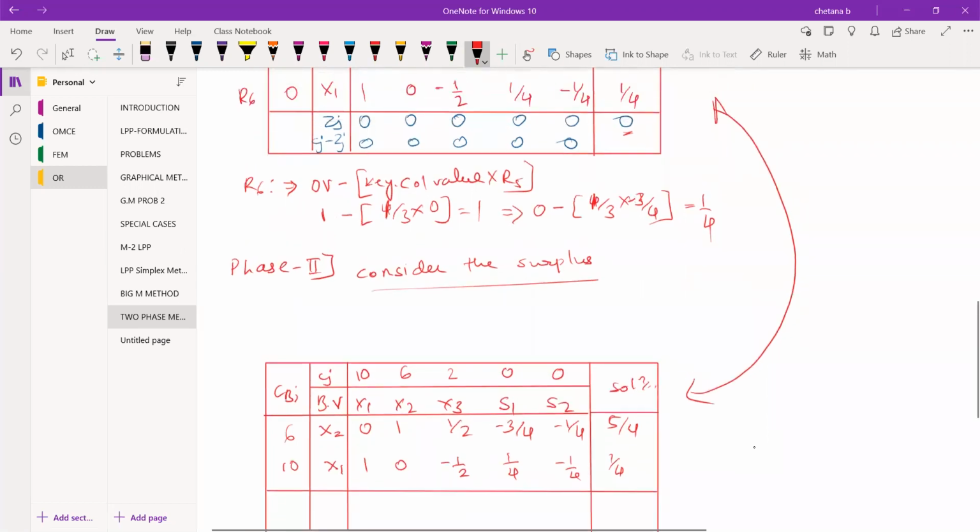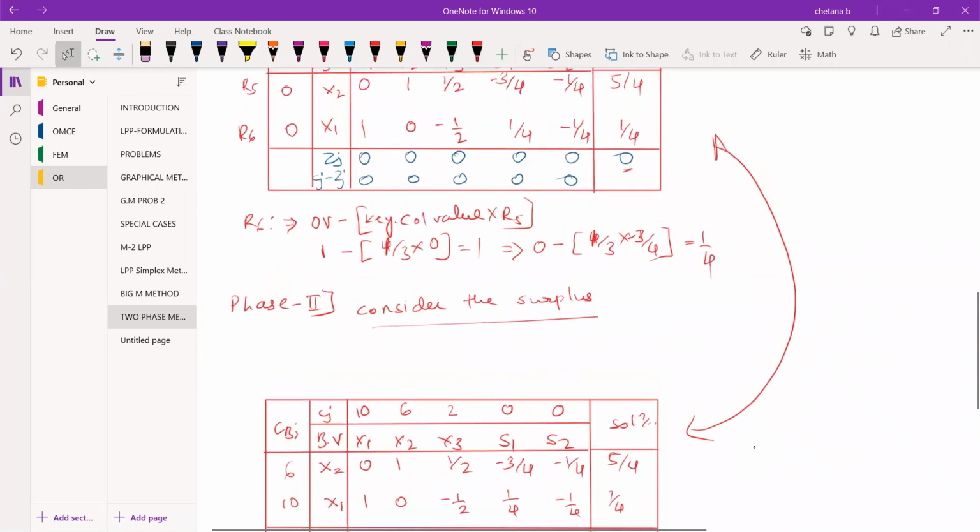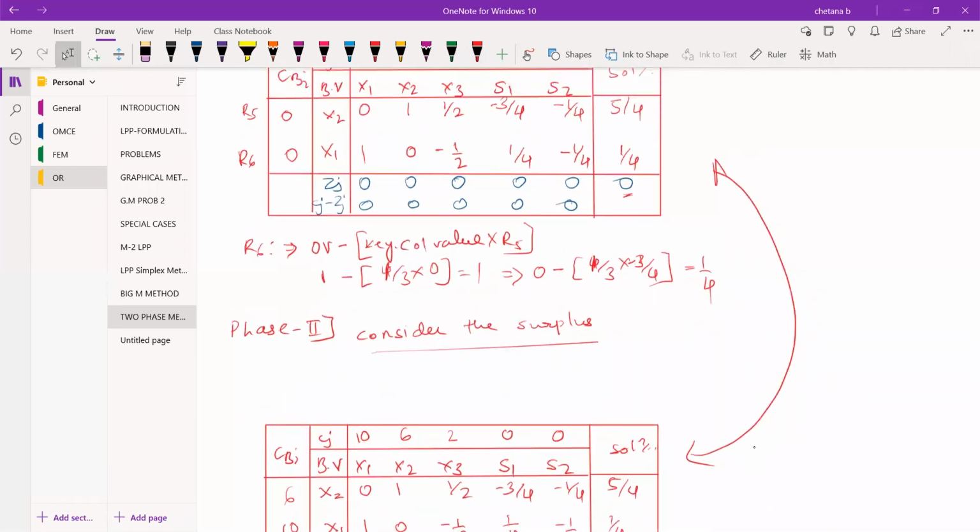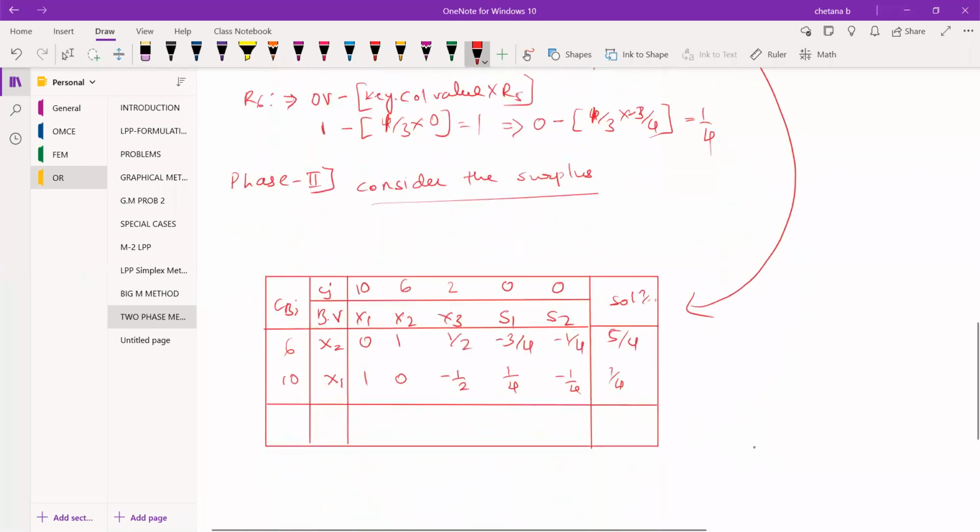The Zj values you have got are with respect to these coefficients, but now you need to consider the coefficients of the original objective function. Only you need to play with these Z values.